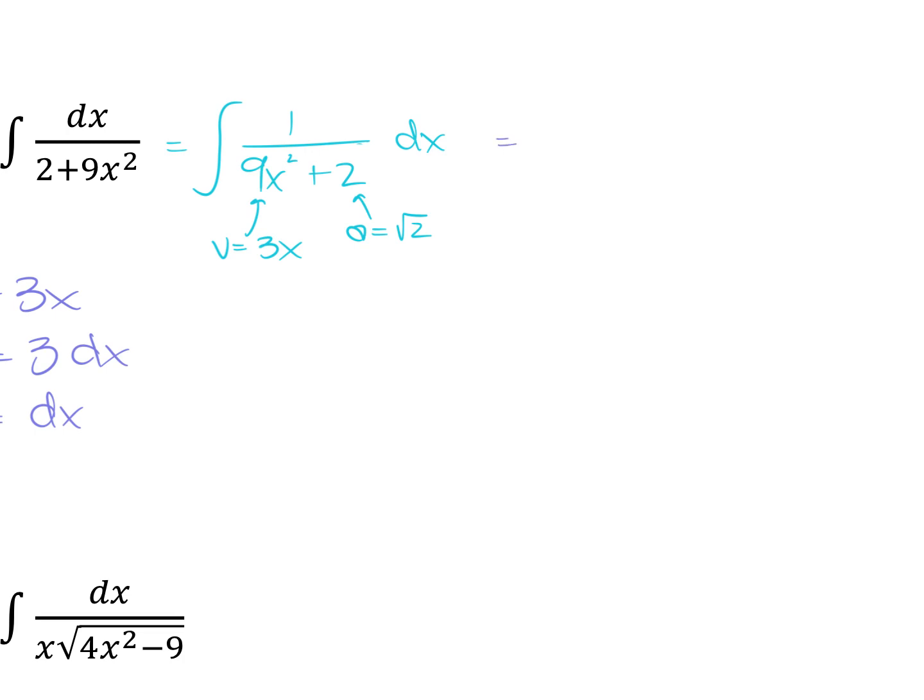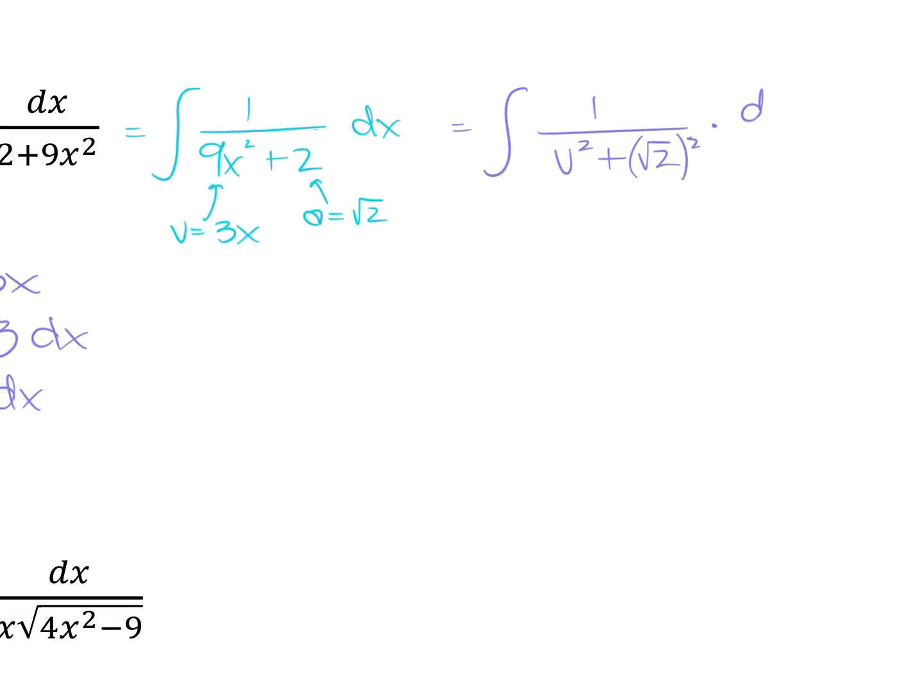So now let's go through and substitute. This is then going to become the integral of 1 over u squared plus, sometimes I'll write this as root 2 squared to remind myself of what a is. In place of my dx, I'm putting in du over 3. Has this made it better fit my arctangent formula at this point? Yeah. What can I do with that over 3? Yeah, I can move that out front.